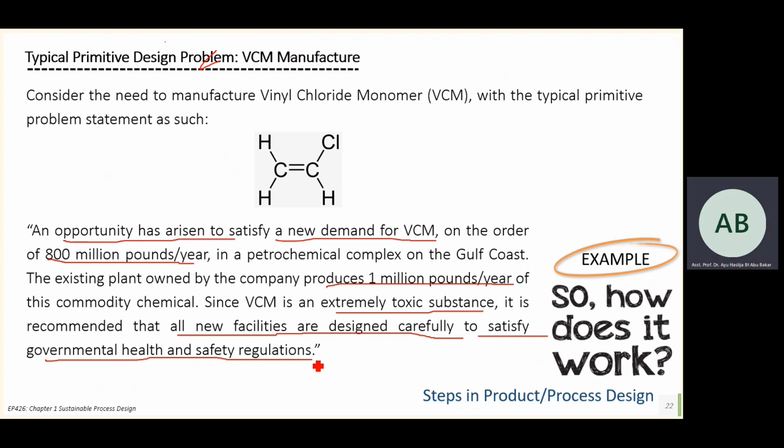So what do they need to do? They need to design new facilities, perhaps add more reactors, add more distillation columns. This one we call retrofitting. The term retrofitting means we add something new into an existing plant.